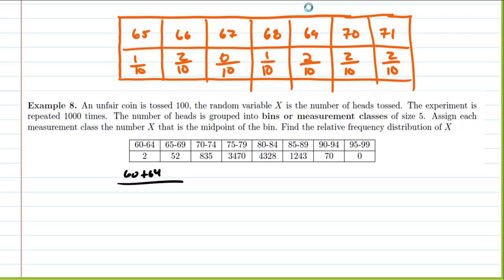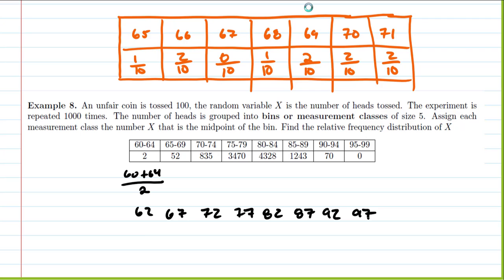We add them up, 60 plus 64 is 124, 124 divided by 2 gives us 62. 65 plus 69, add them up, divide by 2, we're going to get 67, and so forth. So 67, 72, 77, 82, 87, 92, and 97, right?